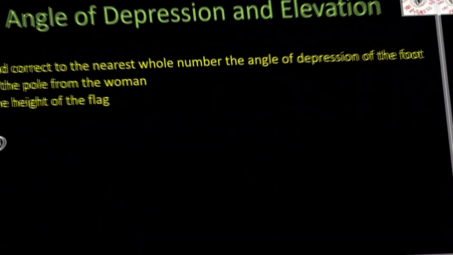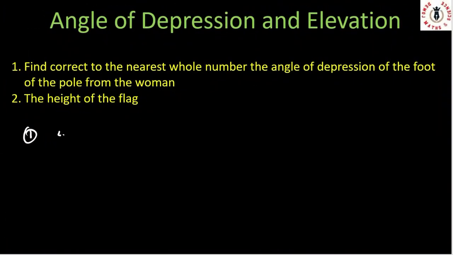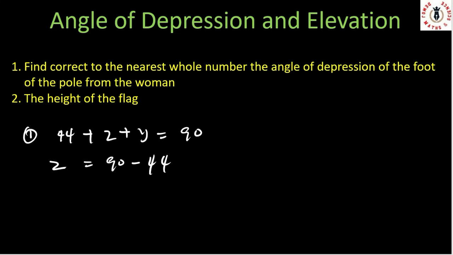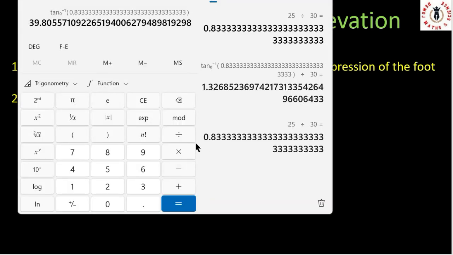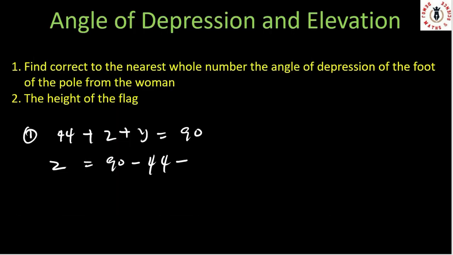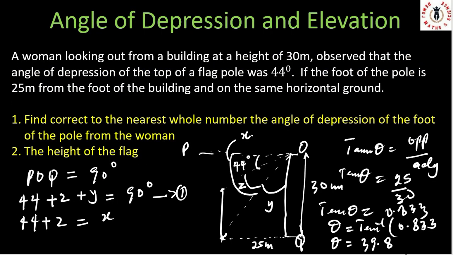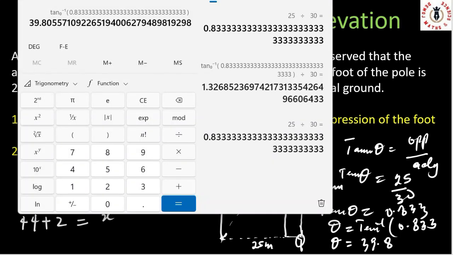Now, from equation 1, I have that 44 plus Z plus Y is equal to 90. My Z will be equal to 90 minus 44 minus Y, which was our theta, 39.8.